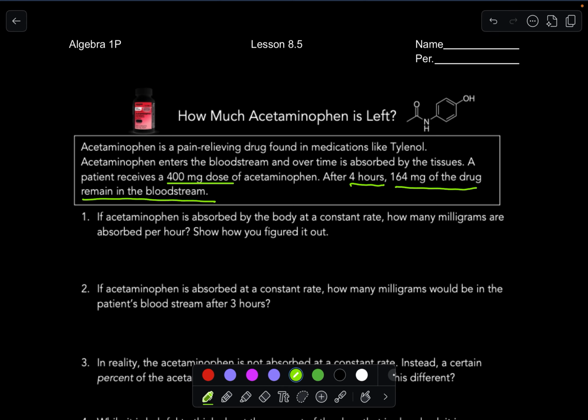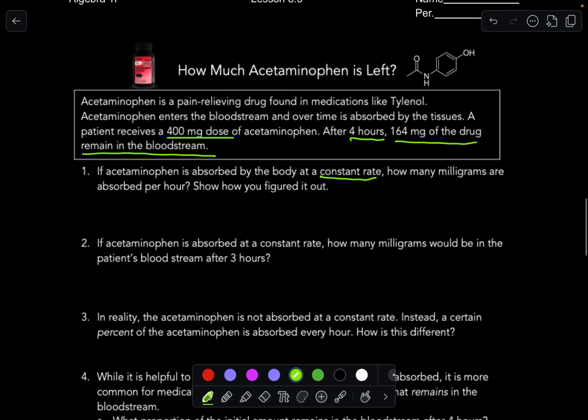If acetaminophen is absorbed by the body at a constant rate, how many milligrams are absorbed per hour? Well, if it's at a constant rate, it means it's arithmetic, which means it's linear. So we have 400 initially, and then minus 164 over 4 hours.